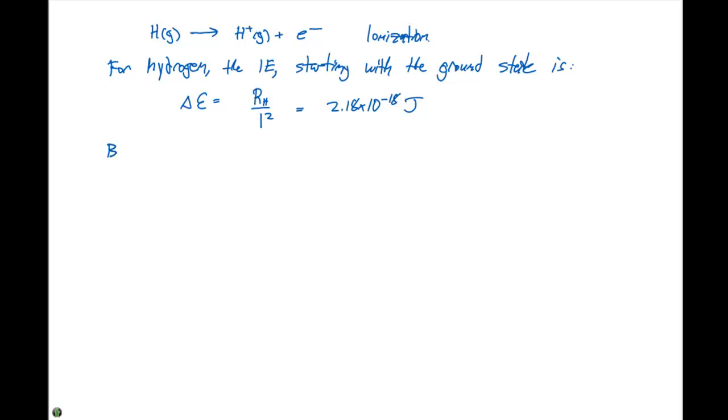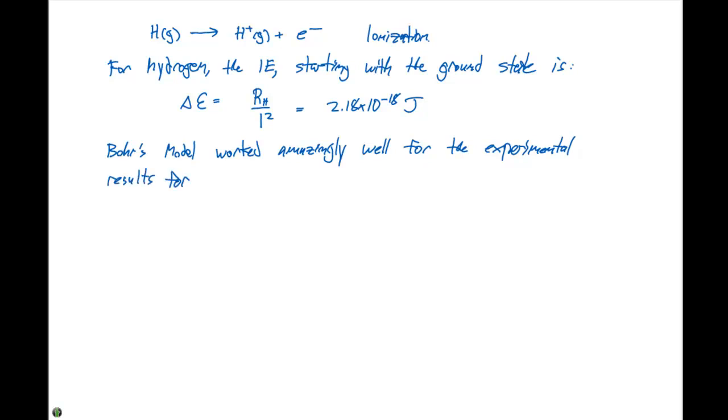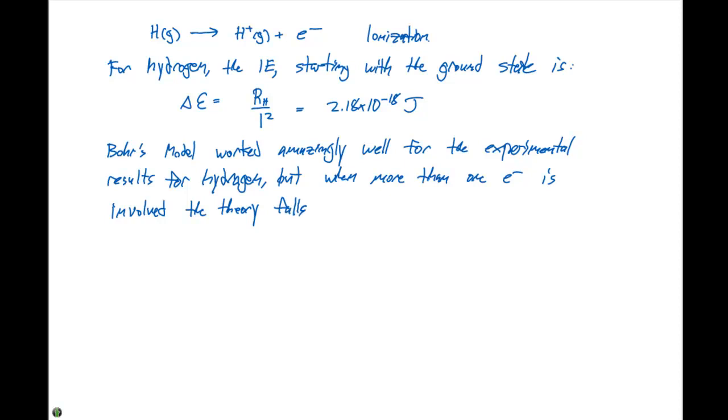So Bohr's model worked amazingly well for the experimental results for hydrogen, but when more than one electron is involved, the theory falls apart.